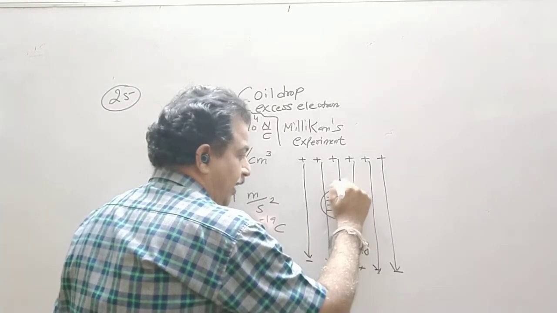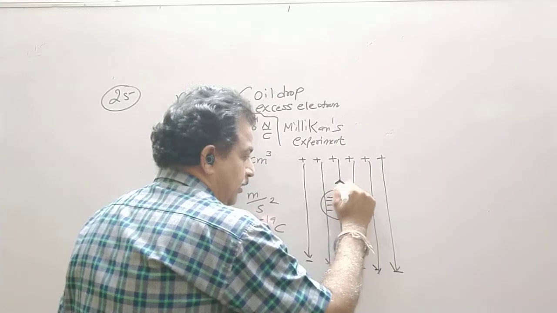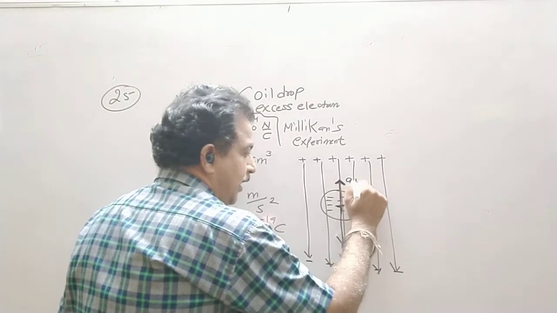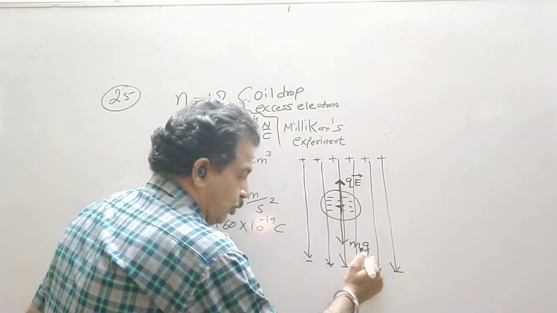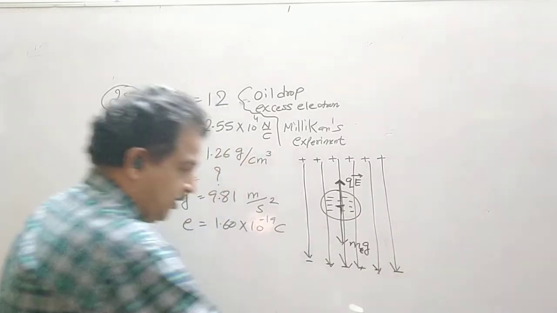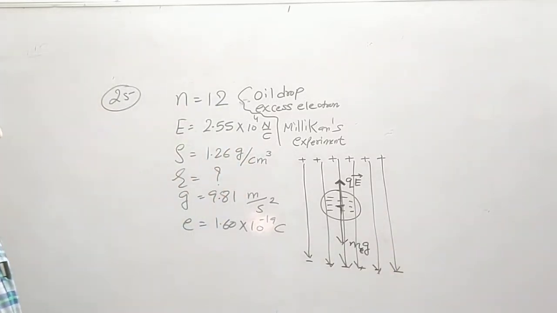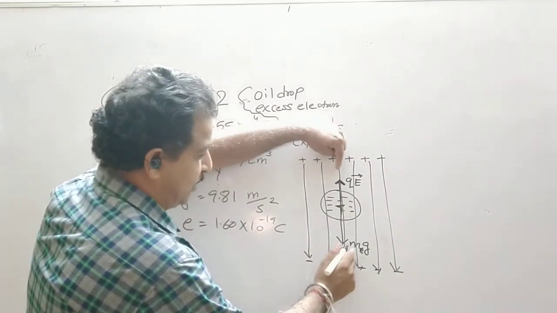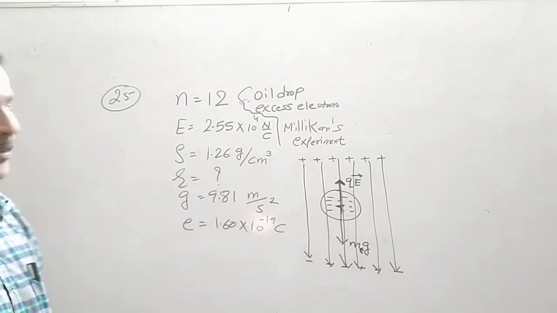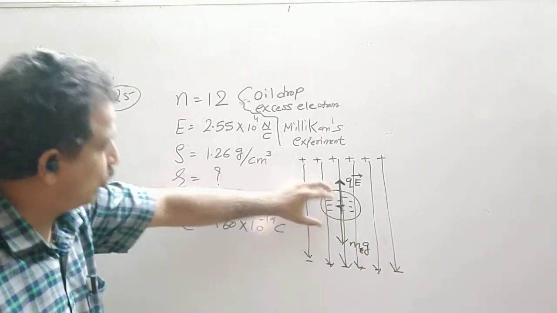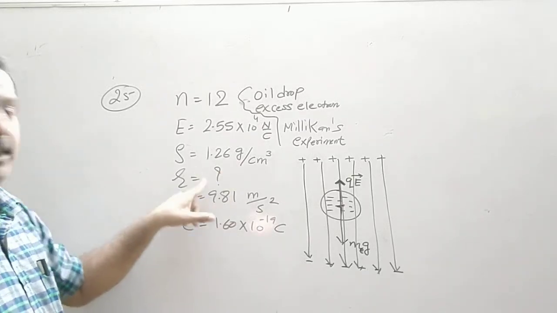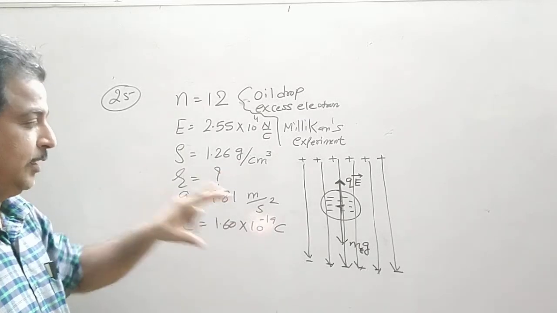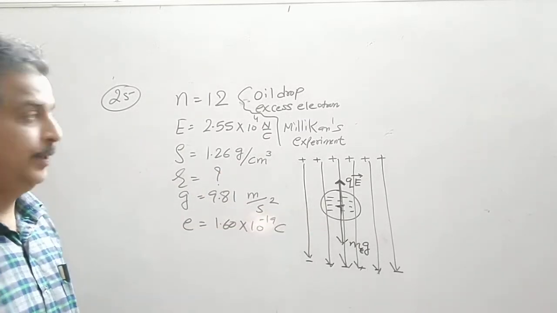So the electric field is E, then the electric force can be written as qE vector. The weight is m_e g. g is always vertically downward. If these two forces become equal in magnitude, then only the oil drop will remain stationary. Now if it remains stationary, you have to find out the radius of the sphere. It is a spherical drop.